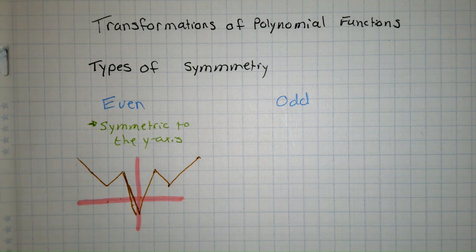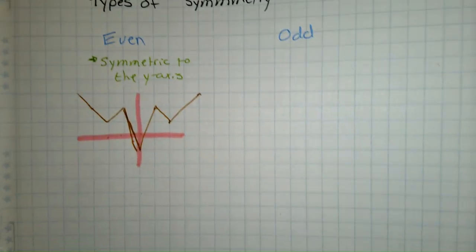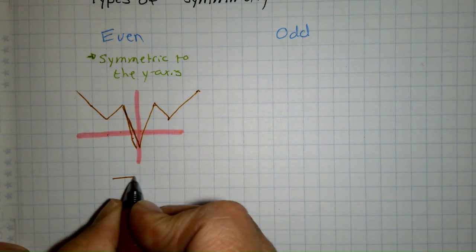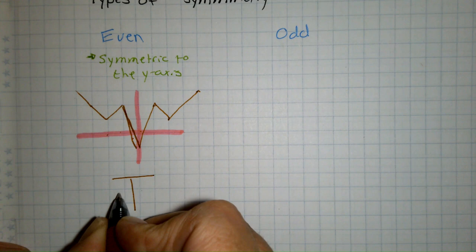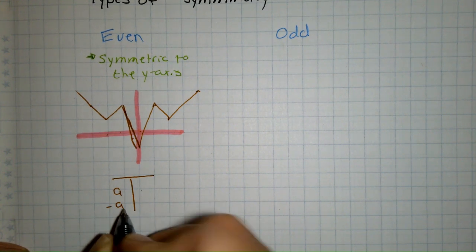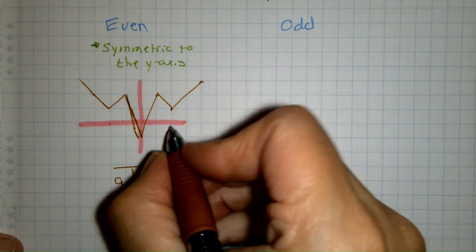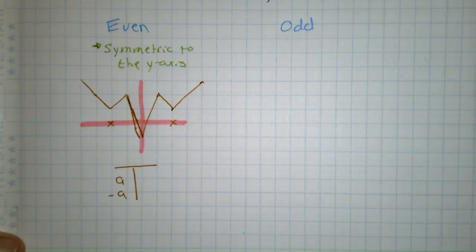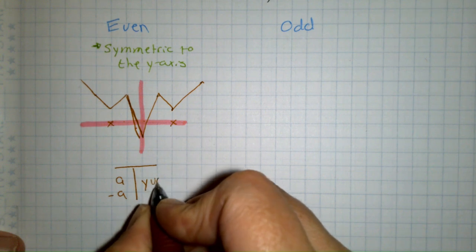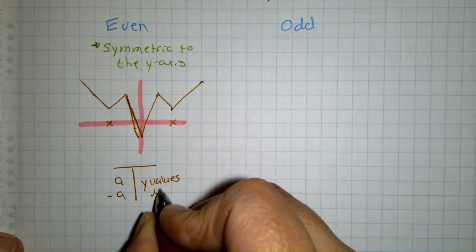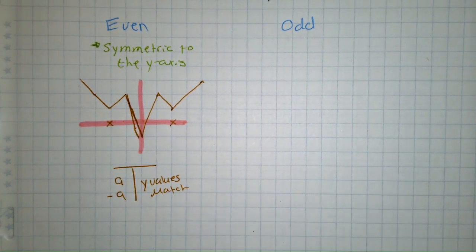So when you look at your table of values, if you pick any number and its opposite, for example, 2 and -2, they both have the same y value. So here the y values must match. And so you could test it that way.